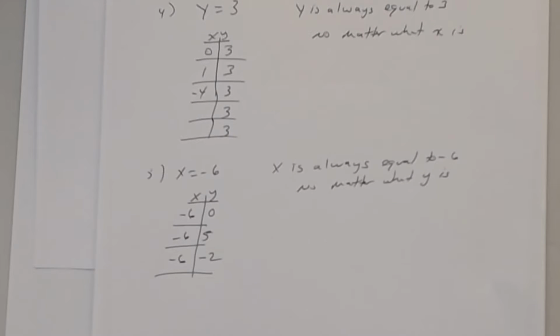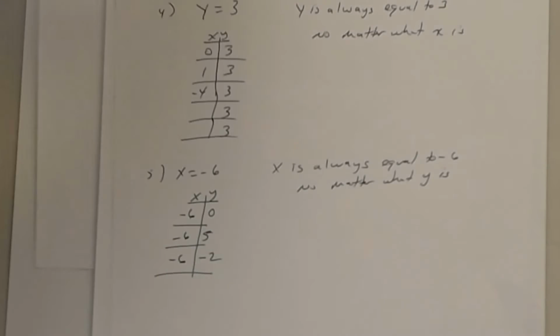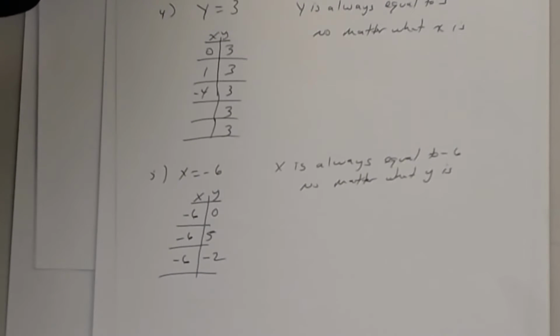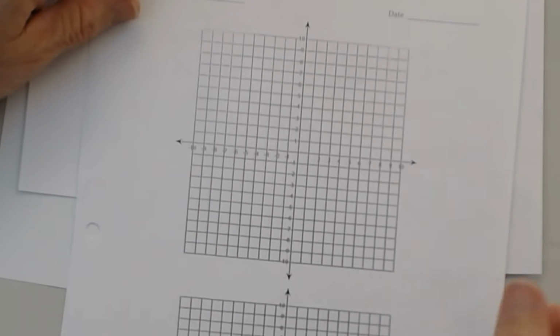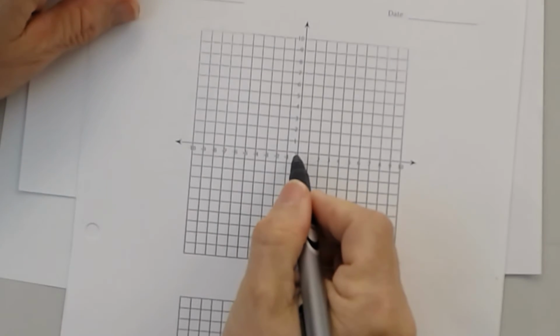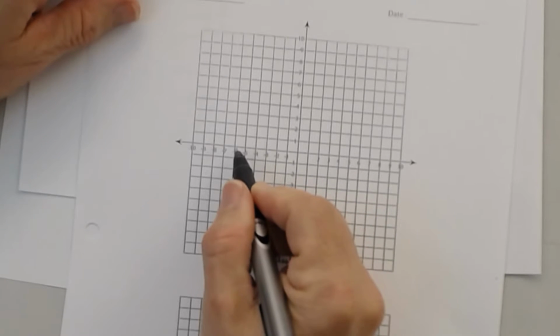So if I plot those 3 points, I get negative 6, 0. I'll start at the origin, go which way? To the left 6. Y is 0, so that means I do what?